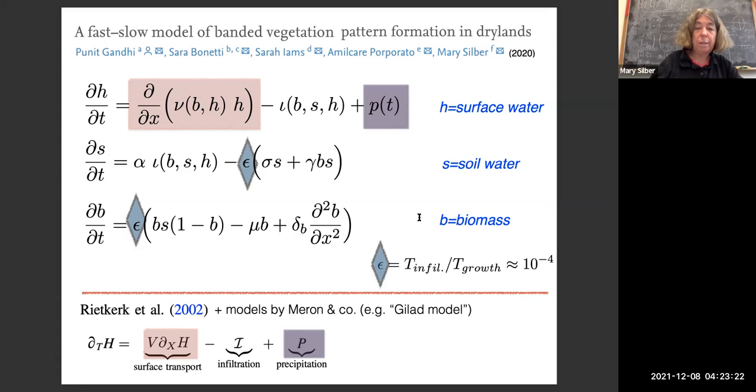This choice of variables that we want to follow is very much in the spirit of earlier models. So there's this Rietkerk model. Rietkerk is an ecologist in the Netherlands. They have a model that's of this type, and we borrowed a lot from them. And also Ehud Meron, who's a theoretical physicist in Israel.